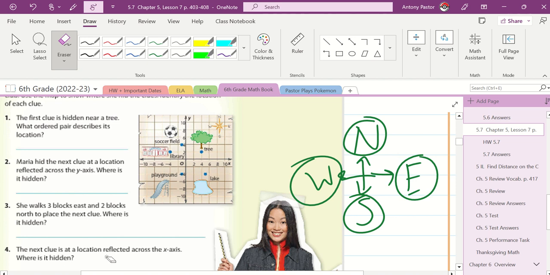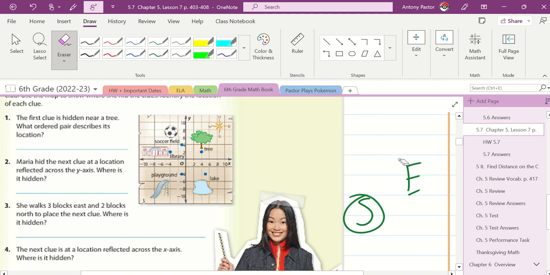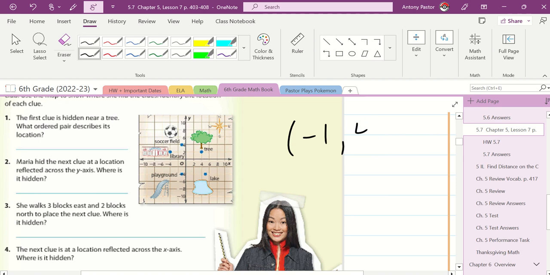The next clue is hidden at a location reflected across the x-axis. So, again, our soccer field was at the following, let me double check. It was at negative 1, 4. Because remember, at the library, it was negative 4, 2. We went 3 to the east, or 3 to the right, so that would leave us at negative 1. And then we went up 2 blocks.